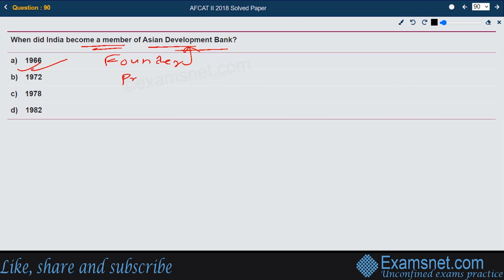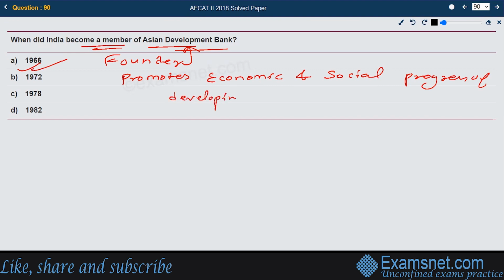The activity of this bank is that it promotes economic and social progress of developing member countries of the Asia Pacific region.